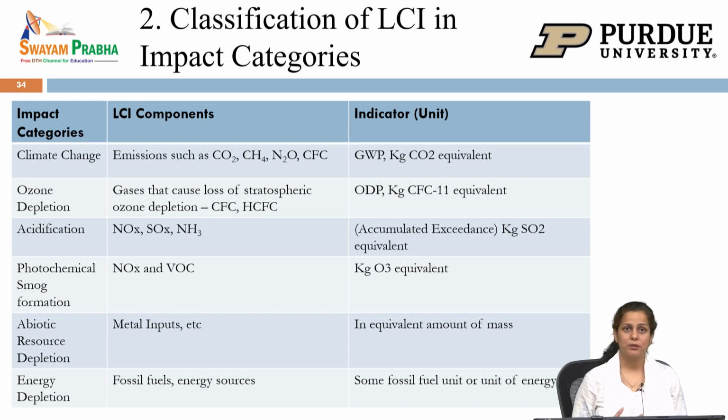impact is. So, for example, for global warming potential, we are using kg CO2 equivalent. We will also see the characterization model for global warming potential, and then it will become more clear why we are choosing the unit. So, the unit is mainly selected by using the chemical that is used to develop the model for quantifying the impact in that category.